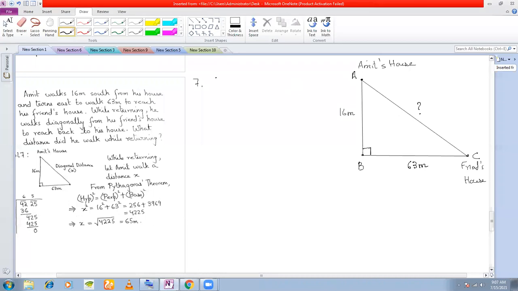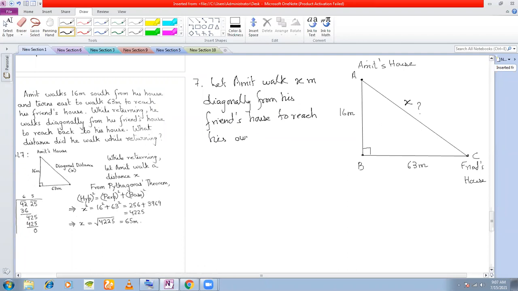Let Amit walk x meters diagonally from his friend's house to reach his own house. Let us call this length x. So therefore AC must be equal to x.